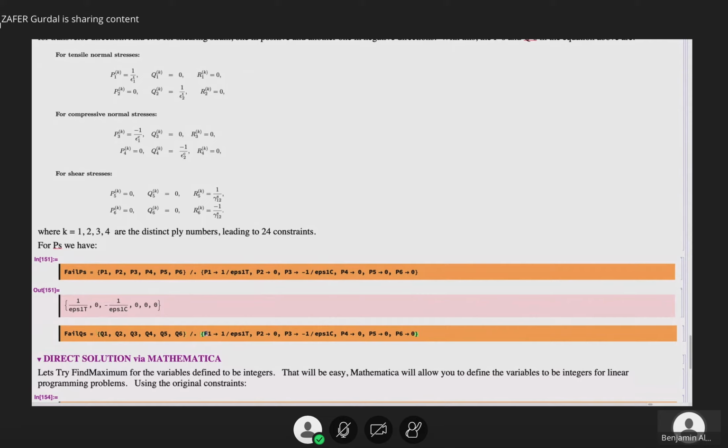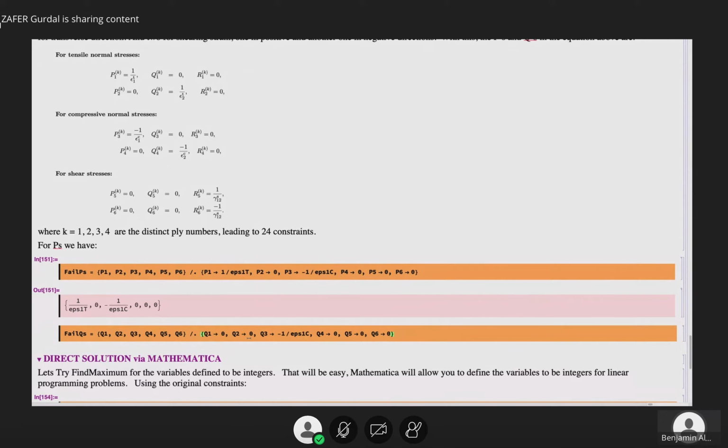This time I'm going to replace these P's with Q's. And you watch out if I make a mistake in typing, warn me. But now the Q's are, this is 0.